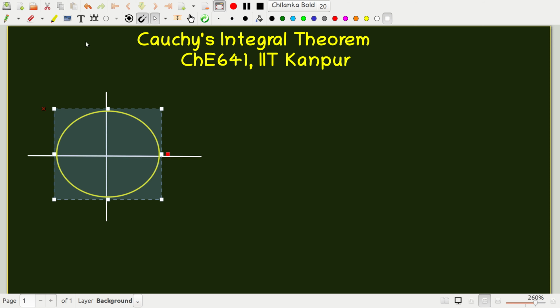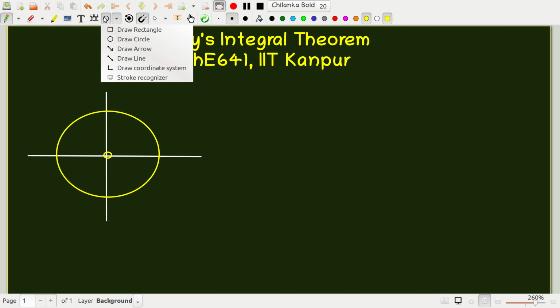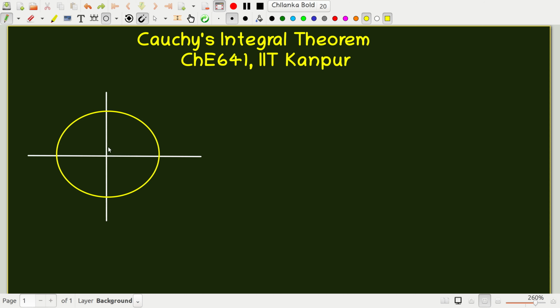Let's say this is a circle centered around the origin, and this is the origin. Now the contour is defined as mod z is equal to r, where r is the radius of the circle.